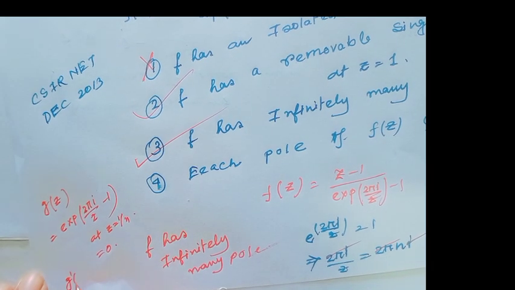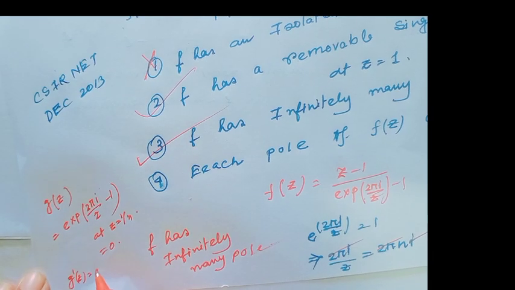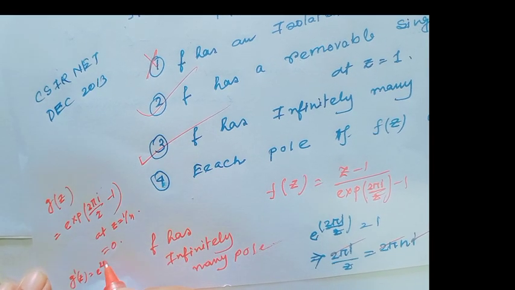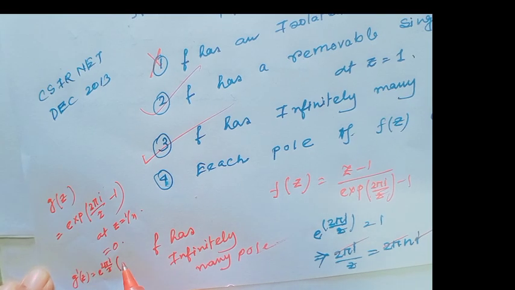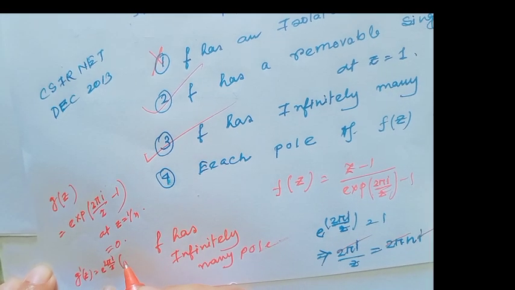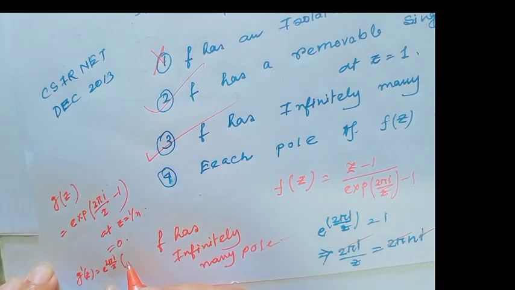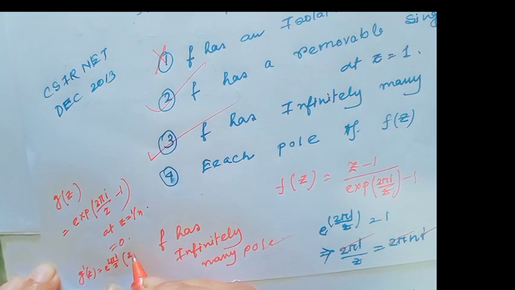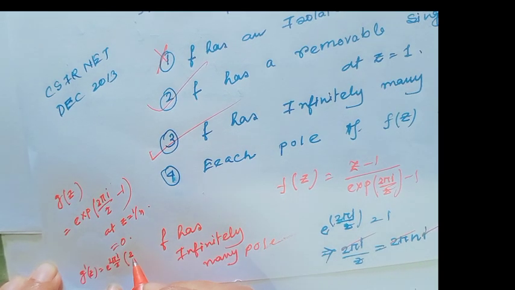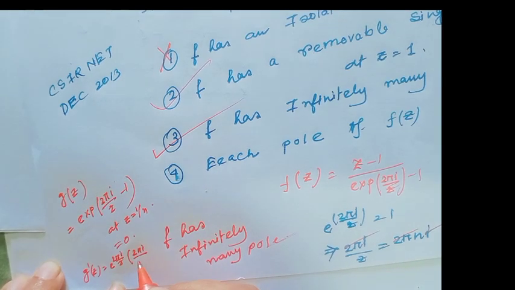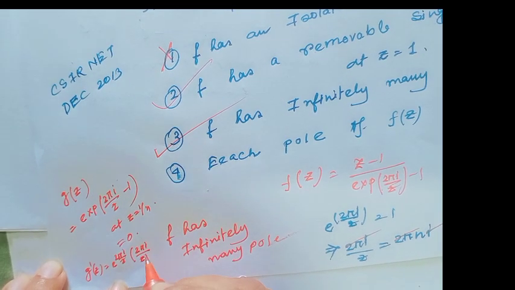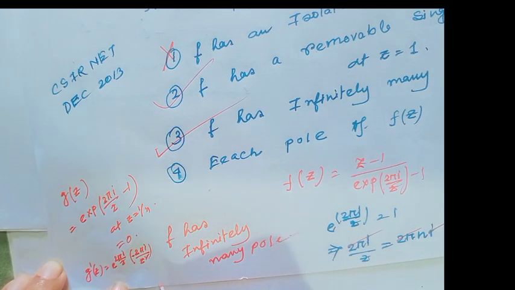And g prime z equal to e to the power 2 pi i over z times minus 2 pi i over z square.